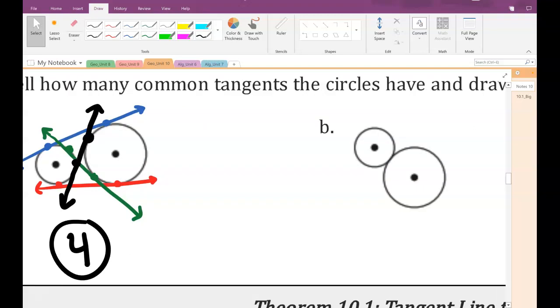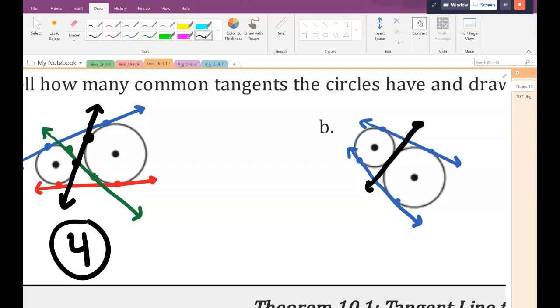For example B, we can do the same thing. We can have a tangent on the top of your circles, and then one on the bottom. And we could have a third one that goes between the two. It only intersects in one spot, right?